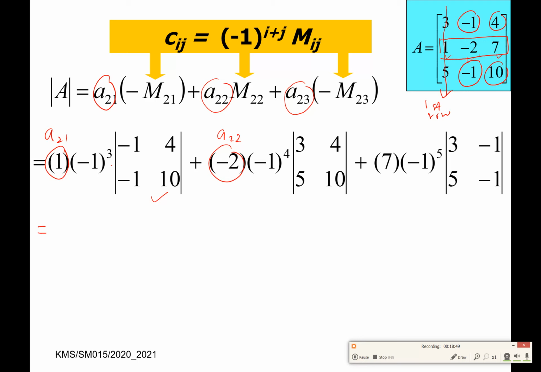I make it short. So we calculate this. So this is 1 minus 1 because this is odd, and this is -1, 10, minus 4, plus -2, this is 1, is 30 minus 20, and this is plus 7, -1, and this is -3 minus 5.